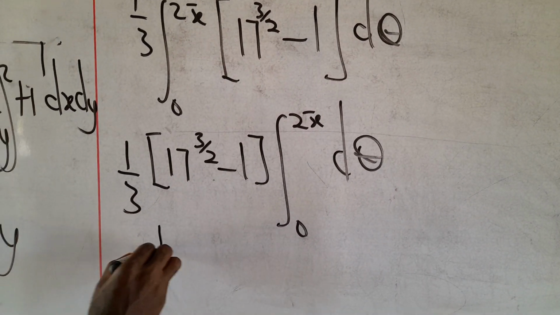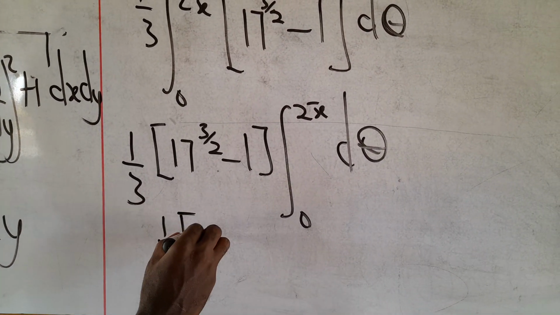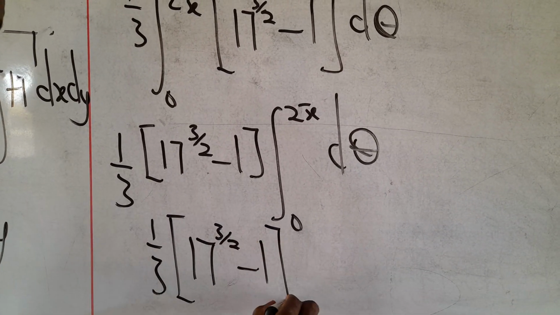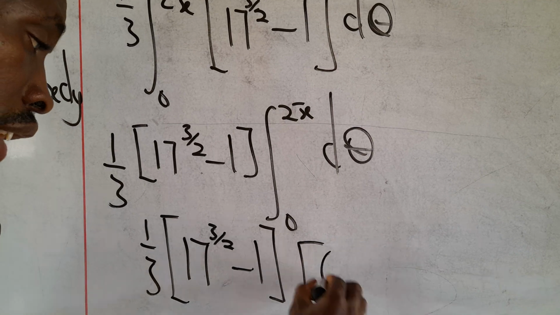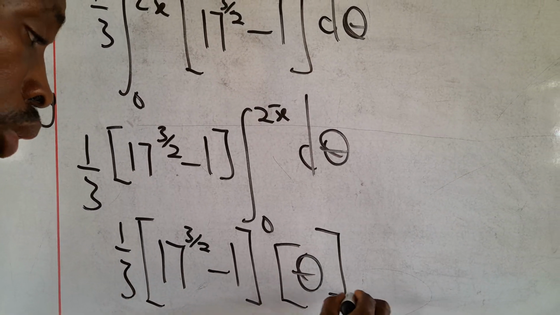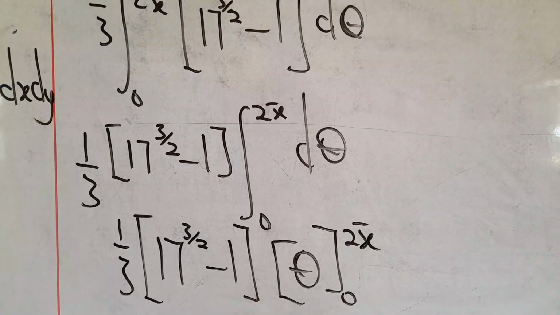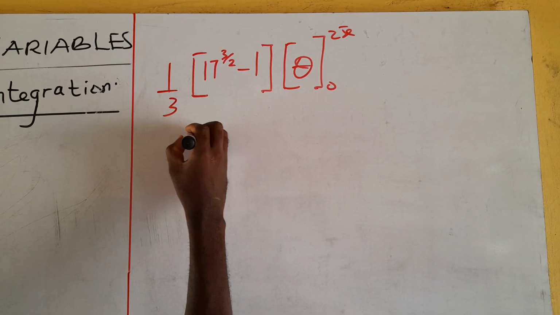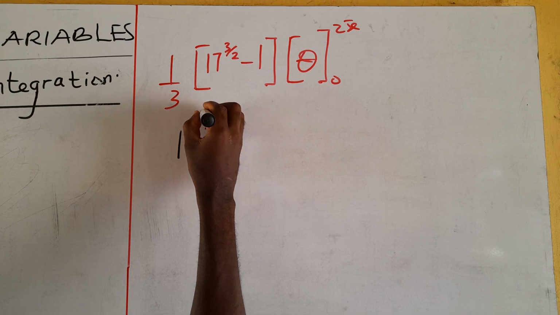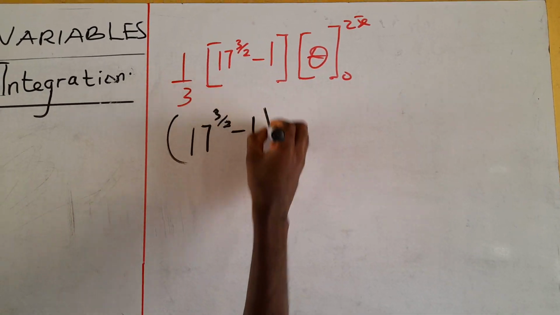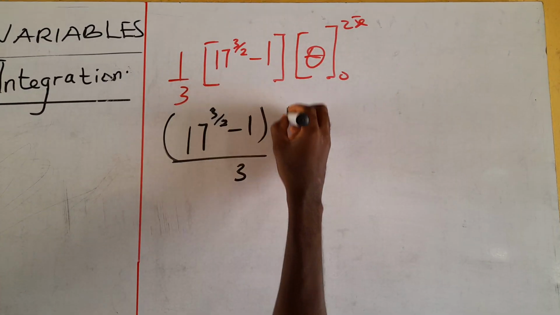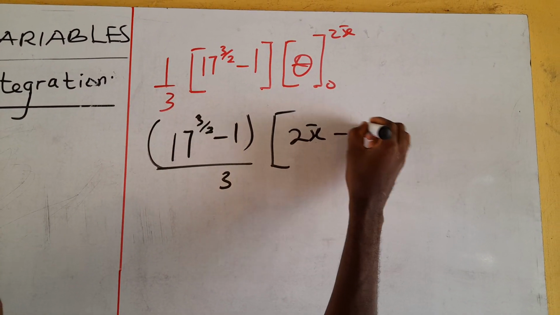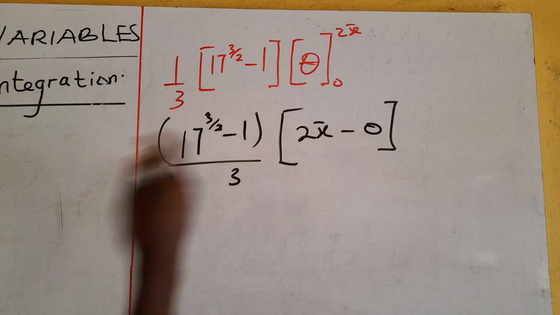So we have 1 over 3, 17 exponent 3 over 2 minus 1, then theta, substituting from 0 to 2 pi. When we simplify further, we'll have 17 exponent 3 over 2 minus 1 all over 3. Then we can now substitute this. So we'll have 2 pi minus 0, and this will give us 2 pi.